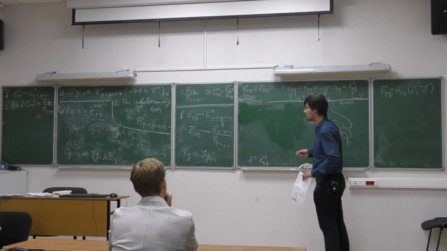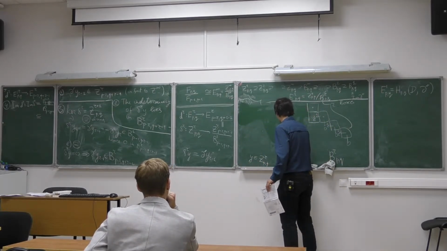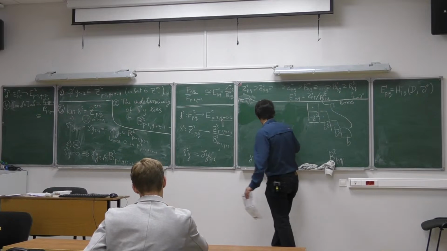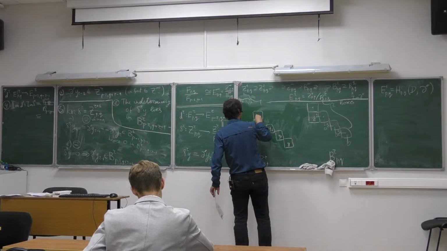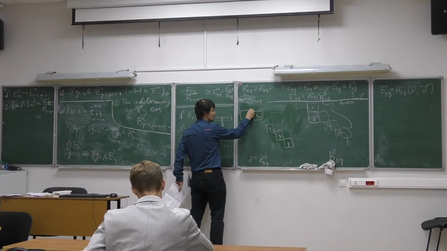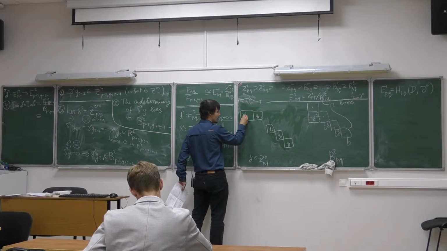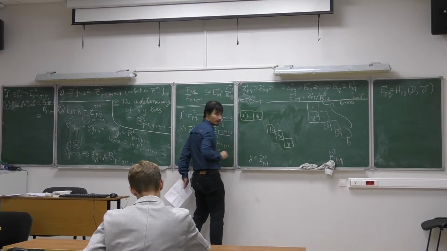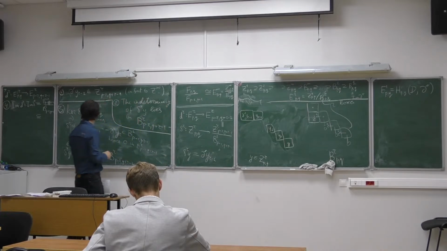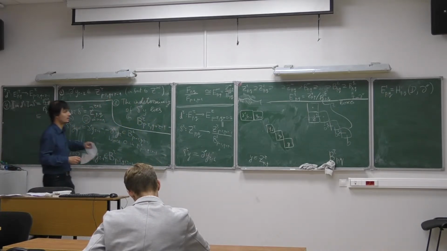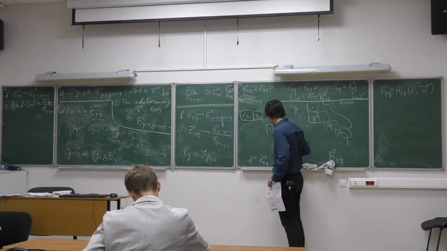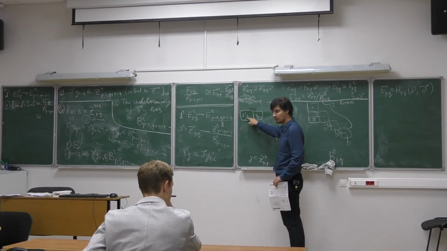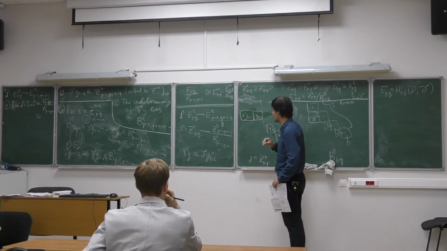Suppose that an element lies in the image of, we have y, y1, y2, etc., y_(r-1), and it goes to d prime of y_(r-1). Well, suppose that we have this element which is in the image of delta of d_r. What can we say?